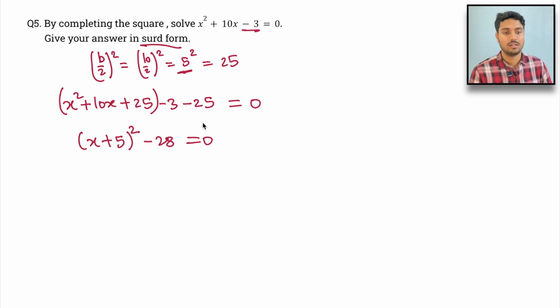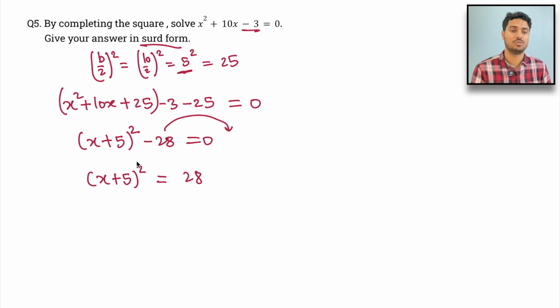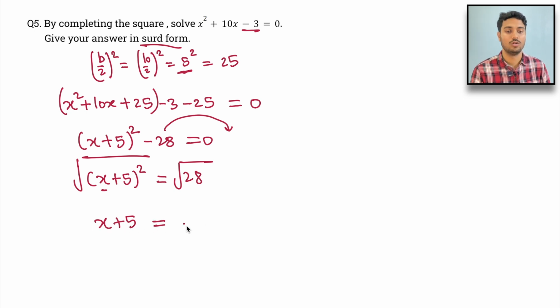Now next step is transpose this 28 to the other side. So we will have x plus 5 the whole square is equals to 28, because it was negative in the LHS. So when we will transpose, it will become positive. Now we have x plus 5 the whole square, but we have to find the value of x. So for that, we will take under root both the sides. So we will get x plus 5 is equals to root of 28, positive and negative.